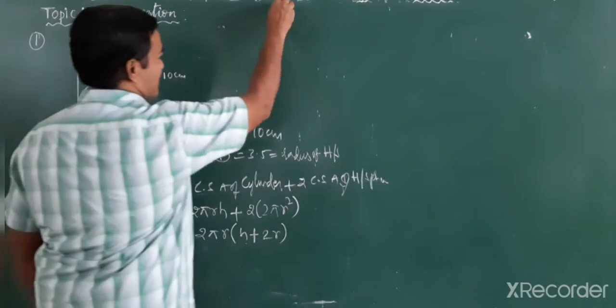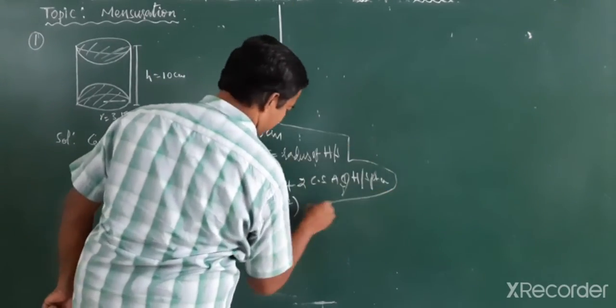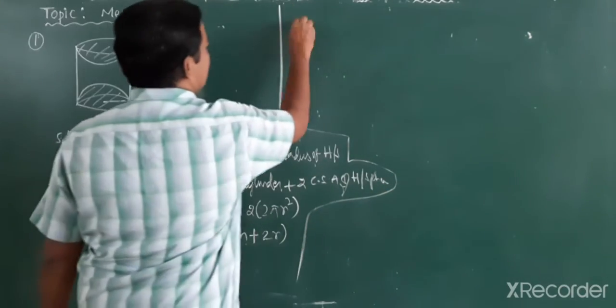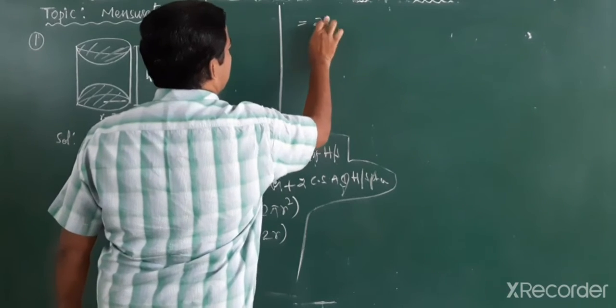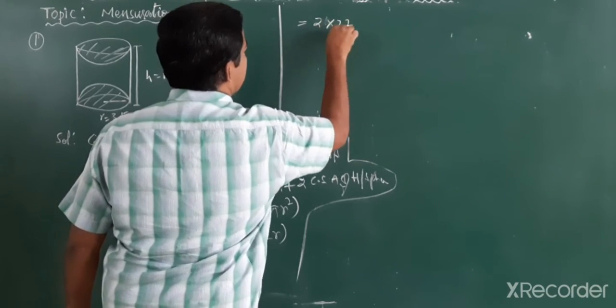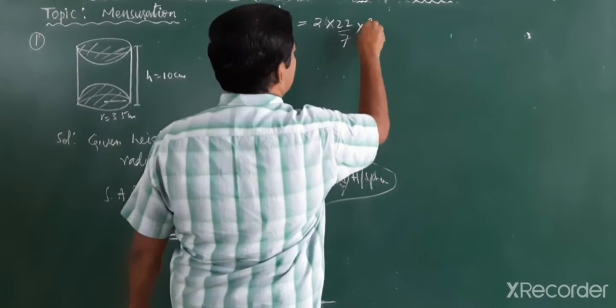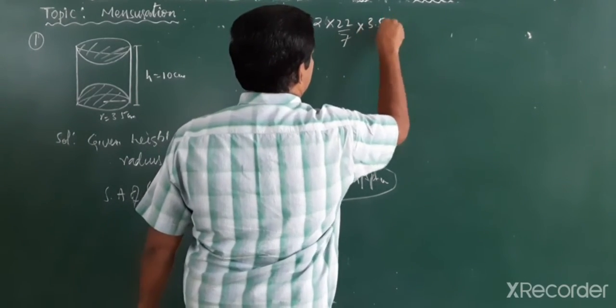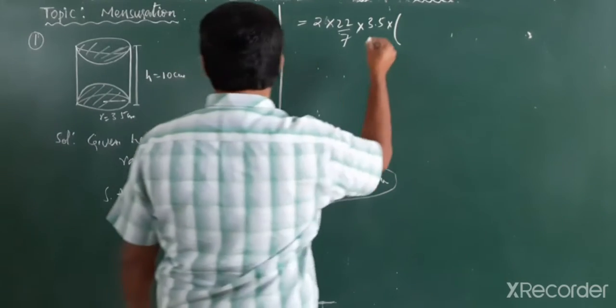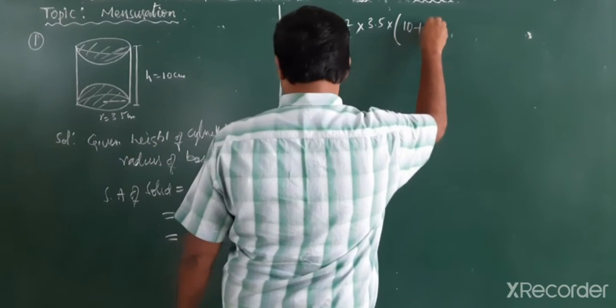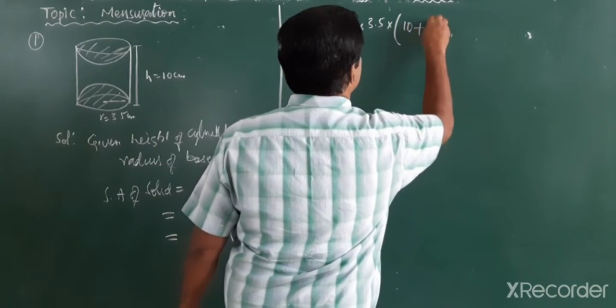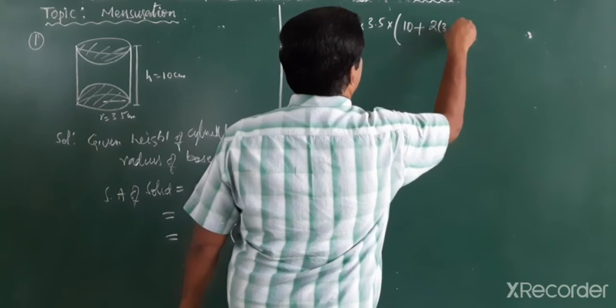Now 2 pi is 2 into 22 by 7, into radius r, 3.5, into h, 10 centimeters, plus 2 into r, 2 into 3.5.